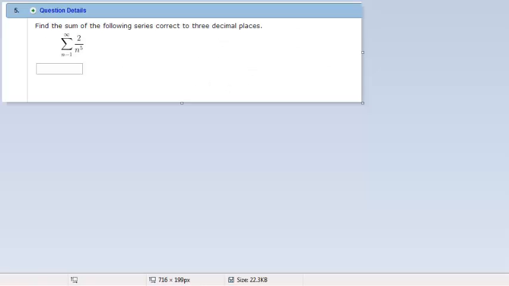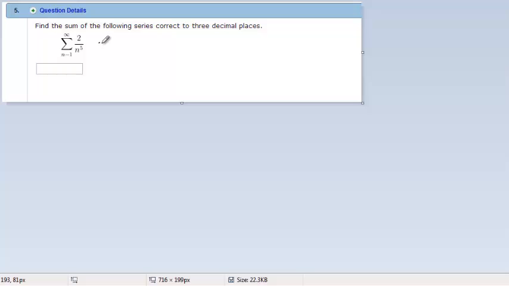Let's look at the next problem from Redasign. Here we have another sum, the sum from n equals 1 to infinity of 2 over n to the 5th. And I want to find the correct truncation that will give me error up to 3 decimal places. Which means the following. Here I have this sum.